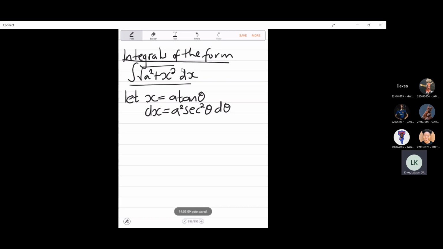Then we substitute it in there. So if we want to work out the integral, the square root of a squared plus x squared dx, this is the integral of a squared, and then x squared, we square this, we get a squared plus tan squared theta.